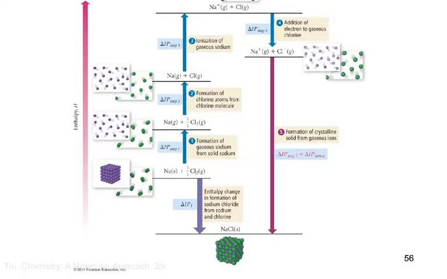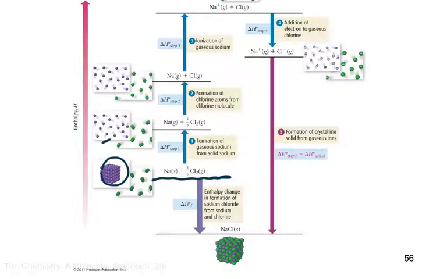So we're going to start here at 0 with everything in its standard state, so solid sodium and chlorine gas. Then in our first step, we're going to break apart our sodium atoms into gas atoms. Again, this is all theoretical, just to get all the steps that we need.